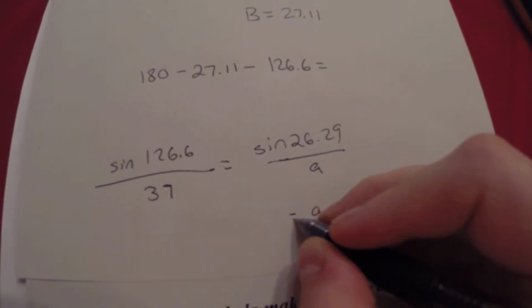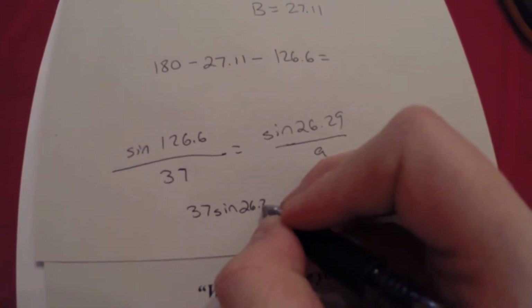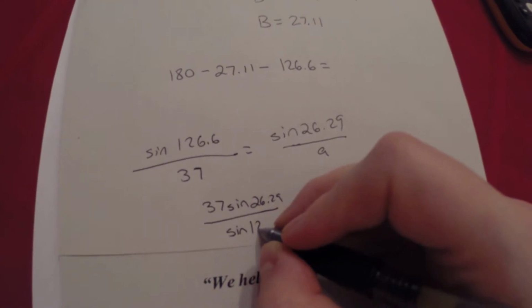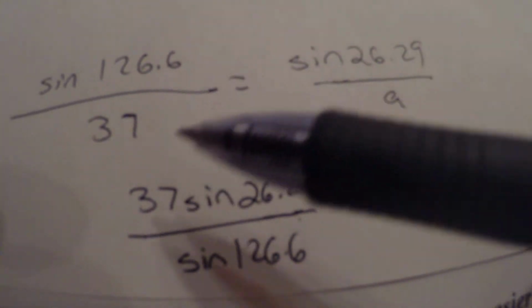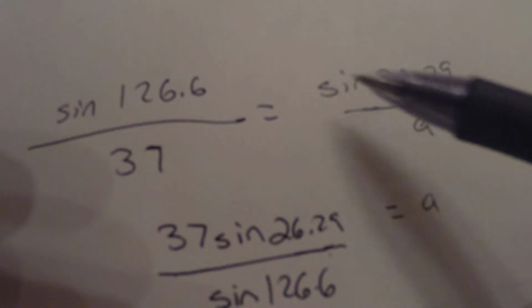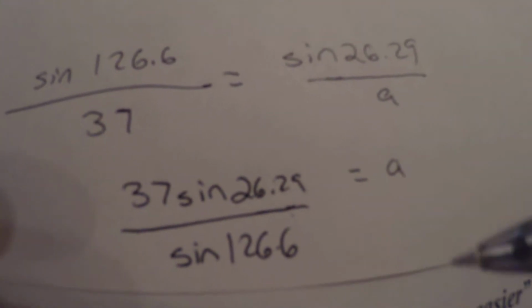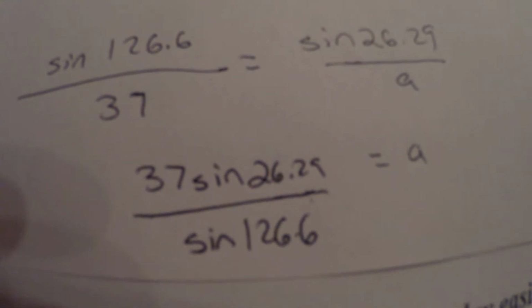A is going to equal 37 sine 26.29 over sine 126.6. Again, I want to stress once more that all I'm doing is 37 times this divided by sine 126.6. I'm hoping that y'all can quickly do that, because it does get very tedious to write the same thing over and over and over again.